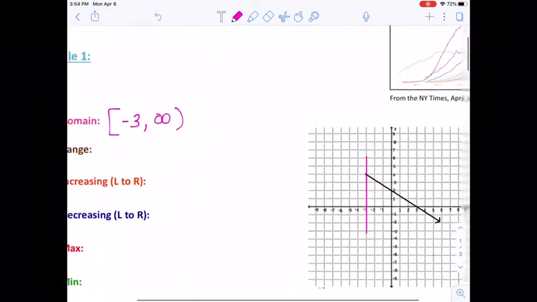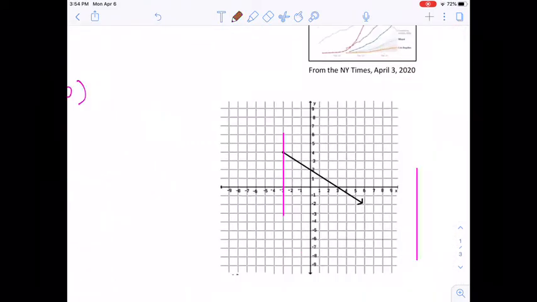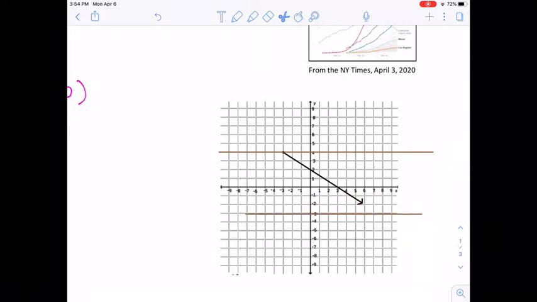Now we're going to look at range. The range is going to go from bottom to top. From bottom to top, we want to see what are the boundaries. Starting at the bottom, how low does it go? That arrow means that it's going to keep on going down forever and ever.